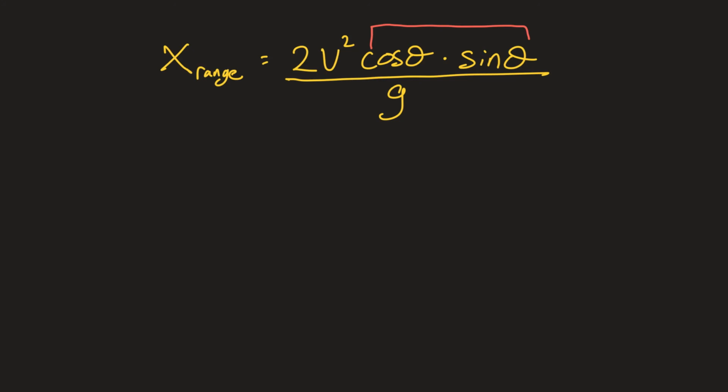Alarm bells should be going off in your mind right now if you've taken a trigonometry class, because there are all these trig identities that allow you to turn one sine cosine thing into another thing. Depending on your knowledge of those, now's the time to deploy that knowledge and you'll see something cool. So go ahead, see if you can figure out the trig identity that consolidates that cosine and sine into one term instead of two. Have some fun. Pause the video and try it.